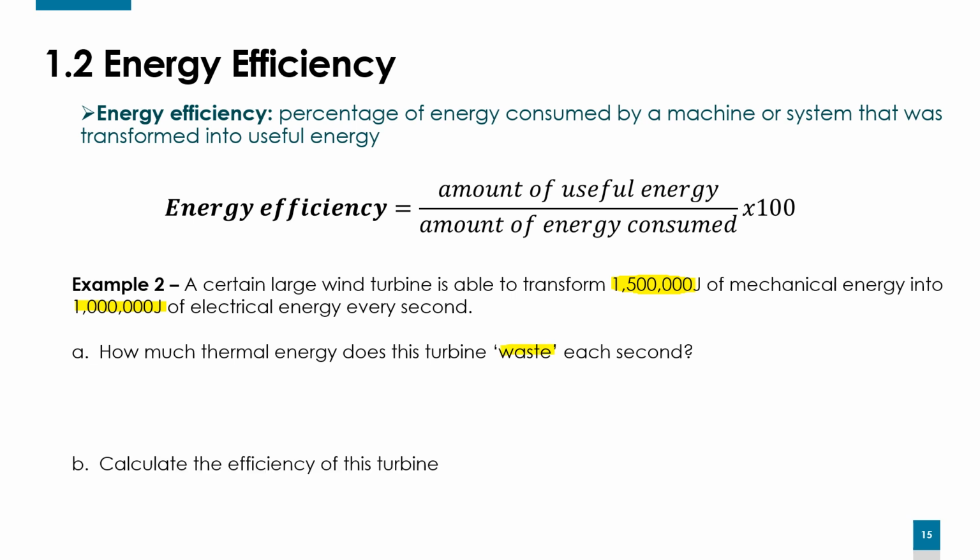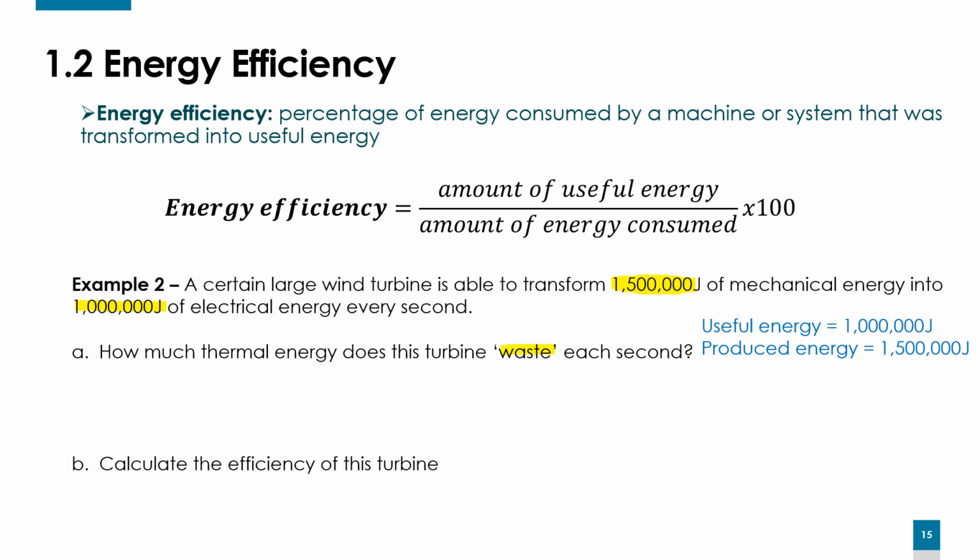And calculate the efficiency of this turbine. So the useful energy is 1 million joules per second. It converts only 1 million from the 1,500,000.